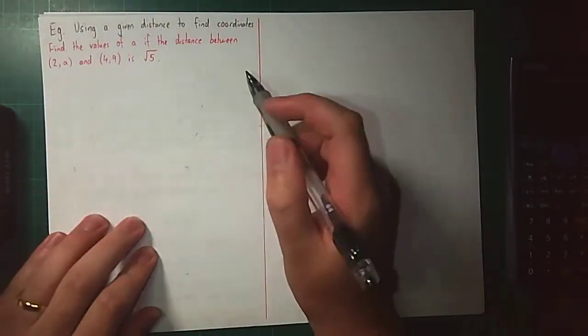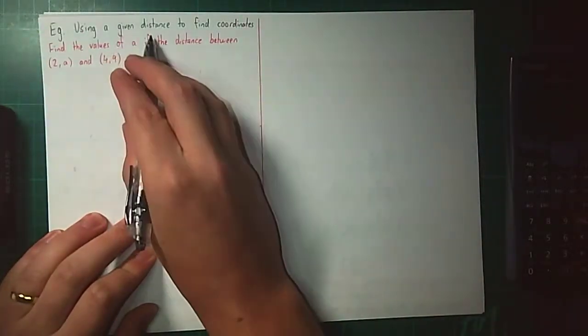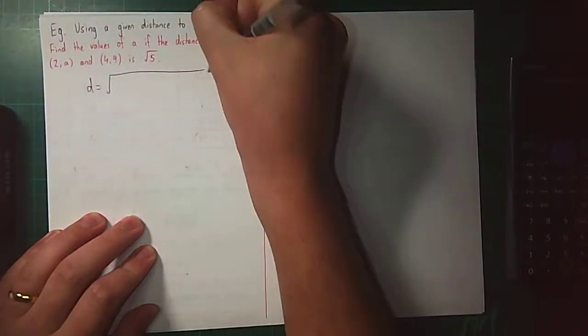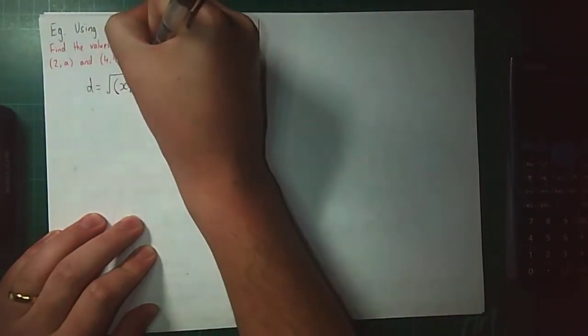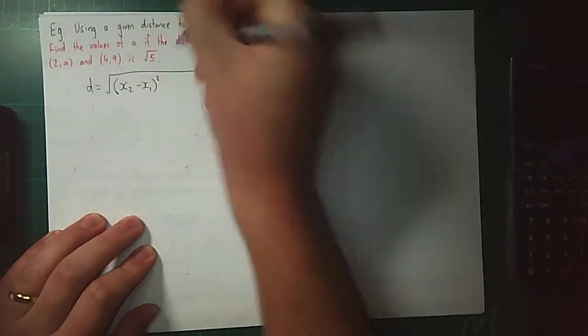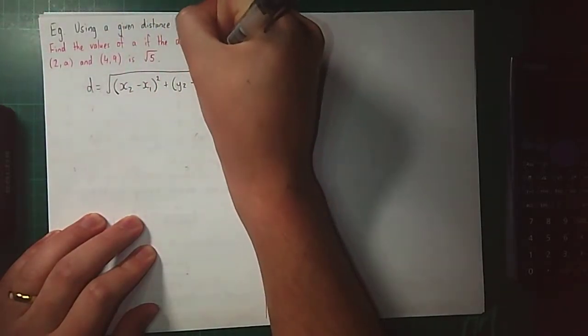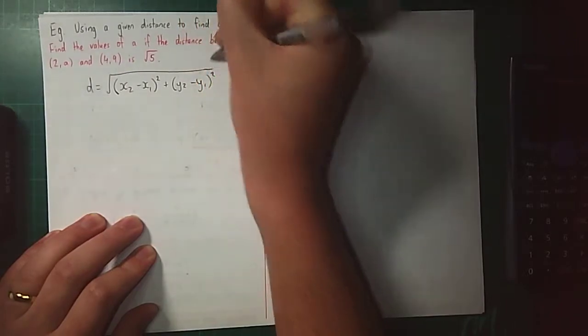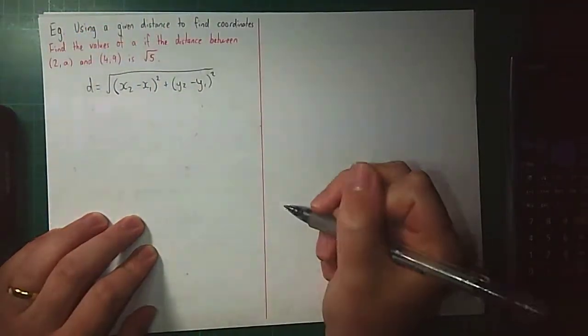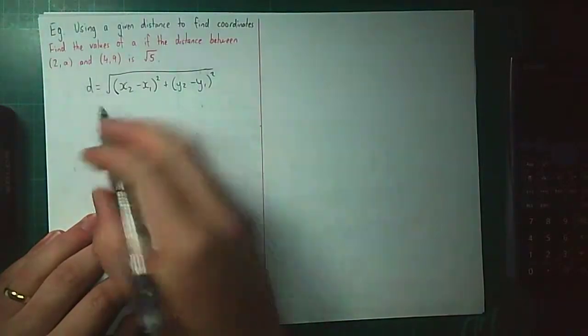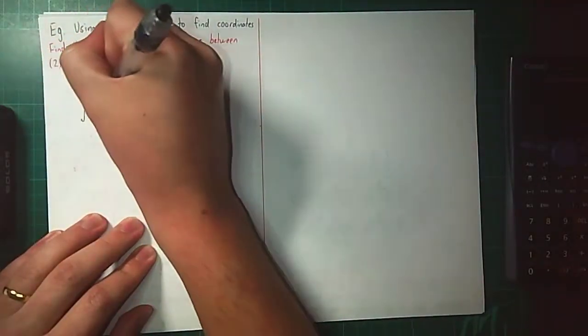So we'll use the formulas that we know to work this out. In this case, it's going to be the distance formula because it's using a given distance. So we're going to have distance is equal to the square root of x2 minus x1 all squared plus y2 minus y1 all squared. And then when we put in our values, in this case we actually know our distance. The distance is the square root of 5.